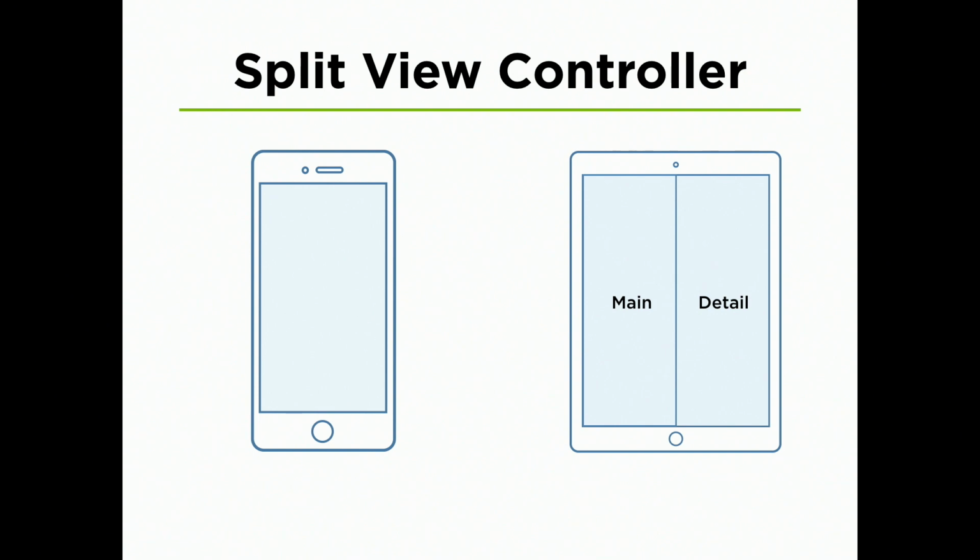On the iPhone version, it's one at a time: main, and then you tap and it pushes on the detail. So this is a good example of how on a larger screen size, we can show more content side by side, and meanwhile on iPhone, we can show just a single piece of content and then use the normal navigation.